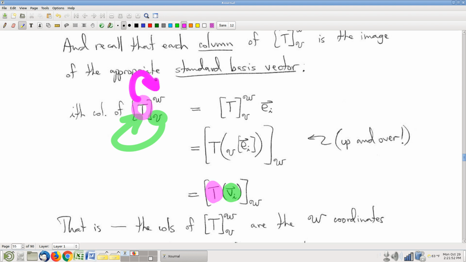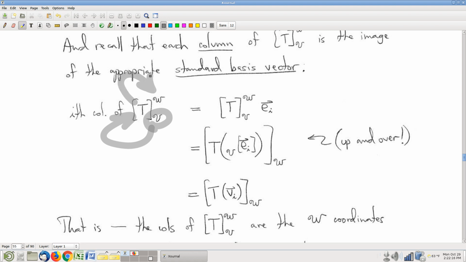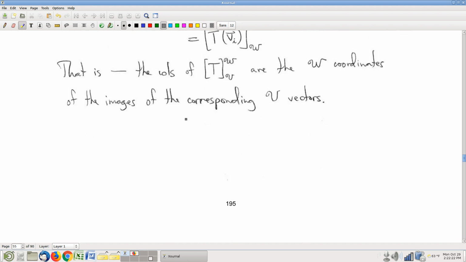And whatever comes out, you're going to write with respect to that basis. I'm taking the V's, doing T to them, writing the results in W language. So my little visual memory tool is you're going to take these, you're going to stick them into there, whatever comes out, you're going to write in that language. Okay, so let's see an example.